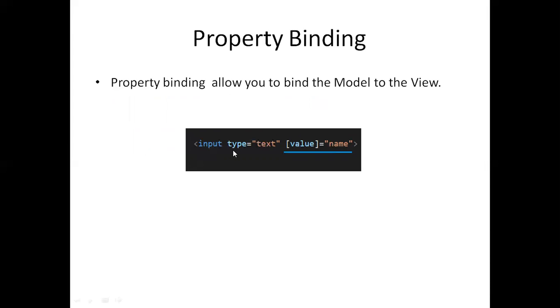In this case, you can take an input element, which has some attributes like type and value. Here we have an attribute called type, and you are passing text. So this text you are entering as static content.